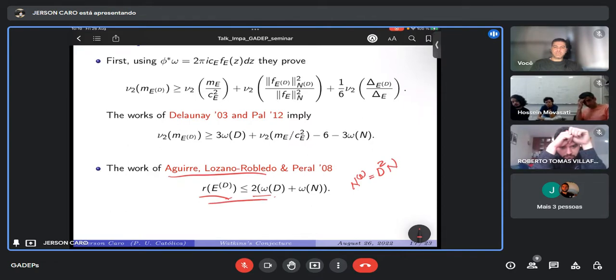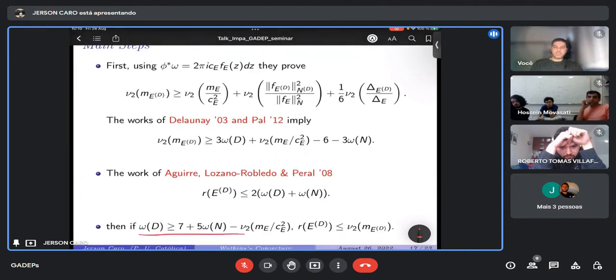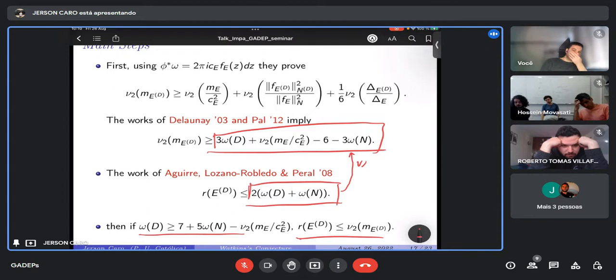So this inequality comes from that. And when we put this condition on omega d, we have that this upper bound for the rank is less than or equal to this lower bound for the two-adic valuation. So in particular, we have that the rank is at most the two-adic valuation of the modular degree.